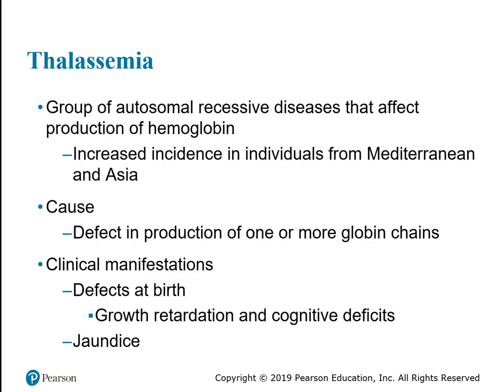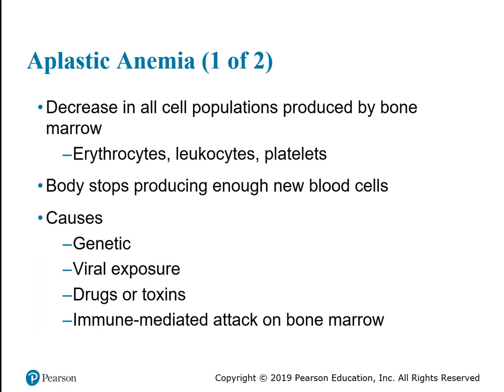We're not going to worry about going through these diseases here, but these are some other types of disorders. I mentioned aplastic anemia before. You basically have a decrease in all of these blood cell populations: white blood cells, red blood cells, and platelets. Your body is basically not even producing new blood cells.